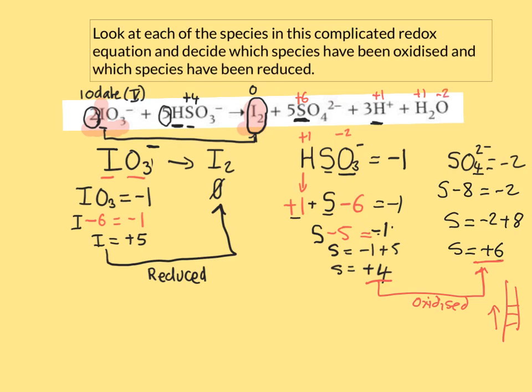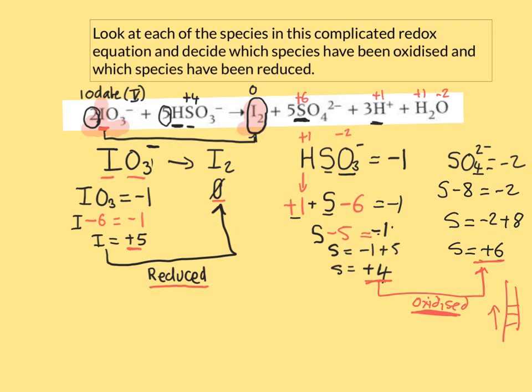So the only 2 elements to change oxidation state in this reaction are iodine, which has gone from +5 to 0. It has become reduced and gone down the ladder. The sulfur has gone up the ladder because it's gone from +4 to +6.